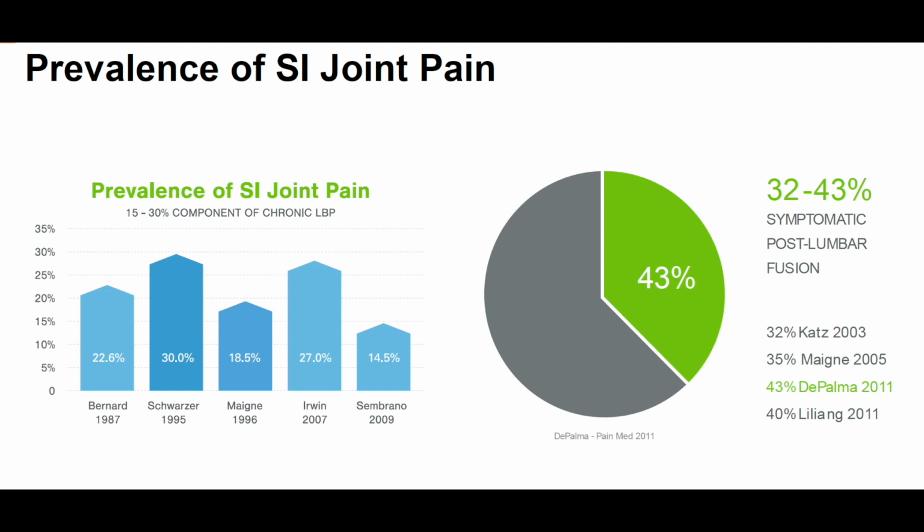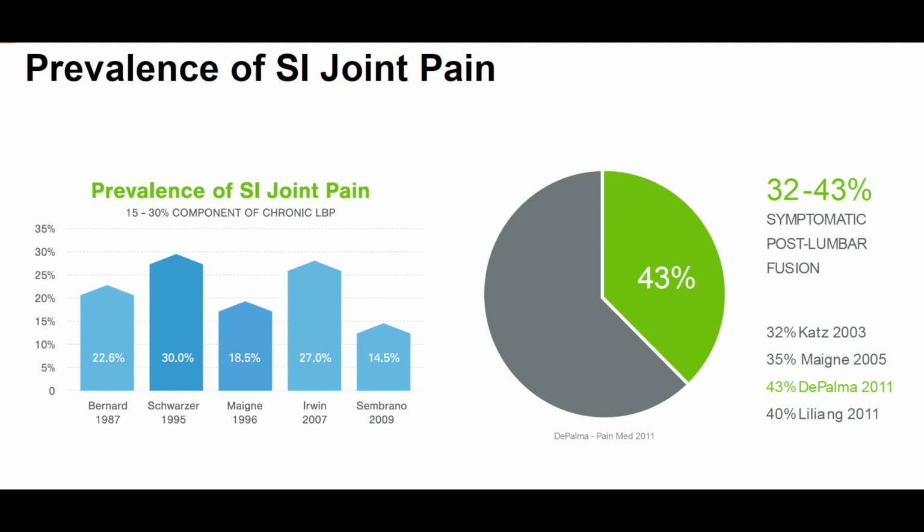You can also have hip arthritis. And all of these things can be in combination, or you may just have sacroiliac joint dysfunction as the major component of your pain. So it's really important that the surgeon determine what the main cause is. But the take-home message on this slide is how common it is: if you have low back pain, up to 30% of patients are going to have sacroiliac joint dysfunction.